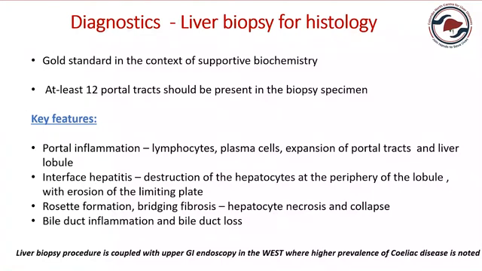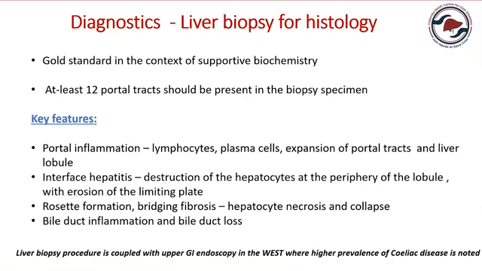In our setup, we don't really have to do that, but if you have features of chronic liver disease, you may couple it with an endoscopy because you anyway have to do a surveillance endoscopy to see varices. And if you are doing it under anesthesia, it's always beneficial to look through the gut as well.